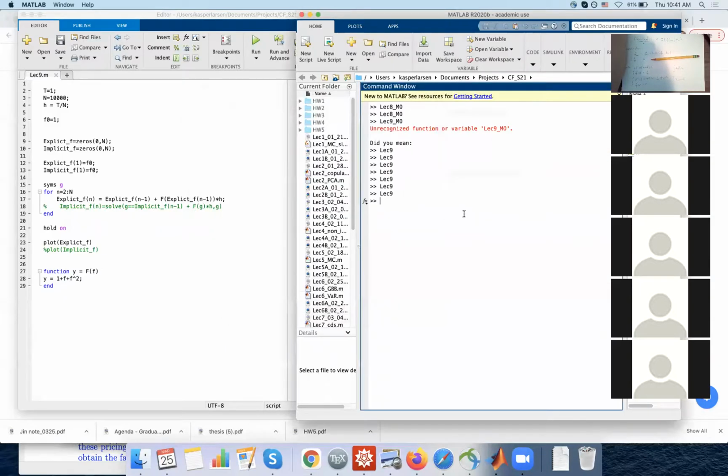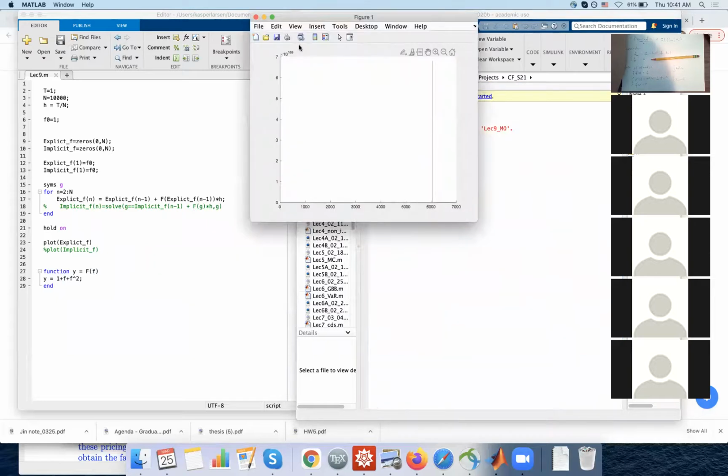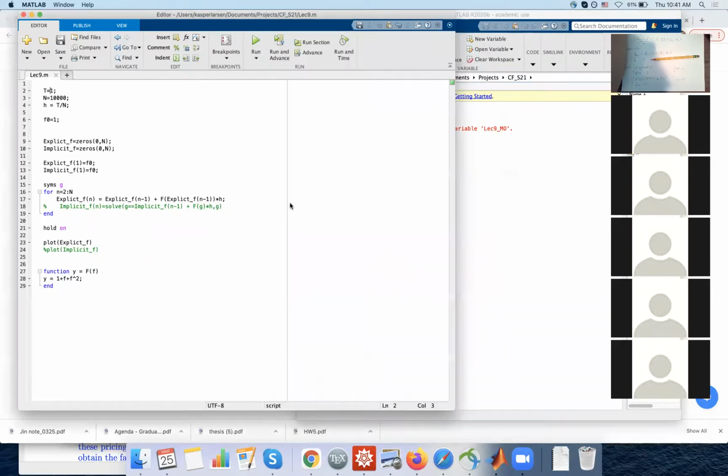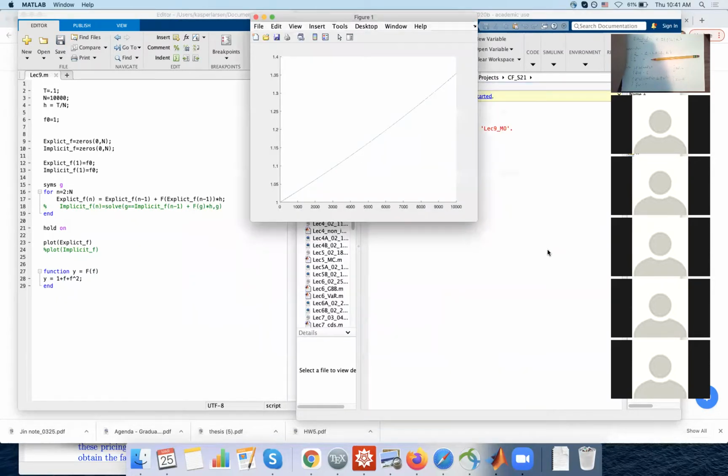Doesn't seem like it. Try again. Doesn't seem like it. Let me lower even more. Yeah, so here it does exist, but at some point it blows up. So if you look at it from 0 to 0.1, this is going to work, but at some point that derivative gets to explode simply because f explodes.